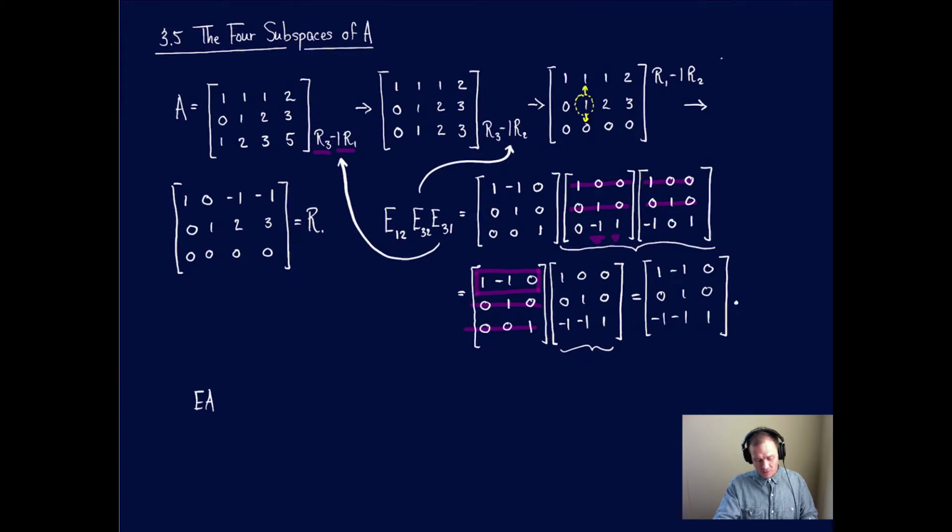You should end up with R. So, for the sake of example, I should model my own request. 1, minus 1, 0. 0, 1, 0. Minus 1, minus 1, 1. Let's take that. That's my new E matrix. Let's multiply it by A. And A is 1, 1, 1, 2. 0, 1, 2, 3. 1, 2. Remember, this is a 3, not a 4, and a 5.